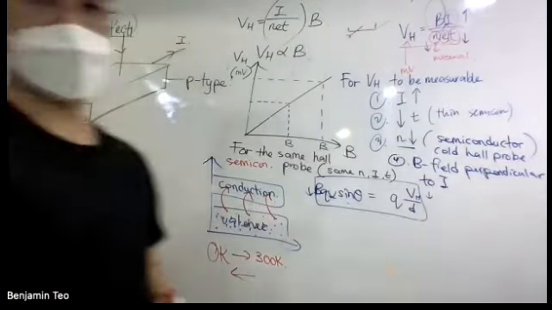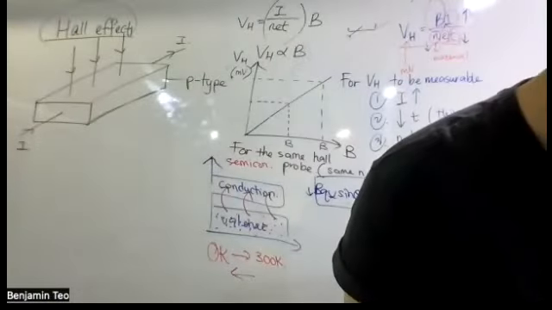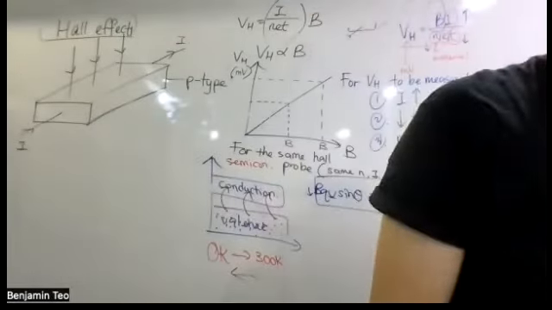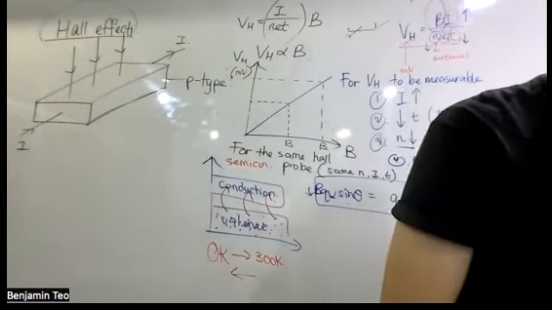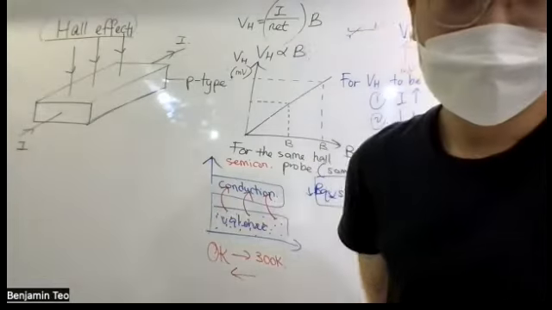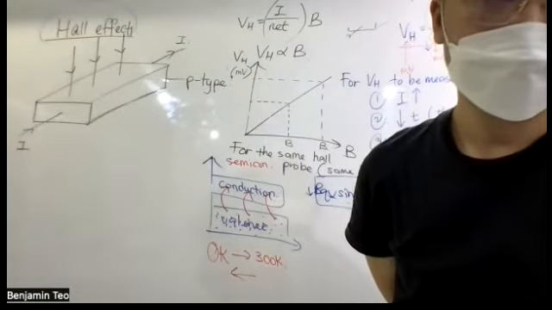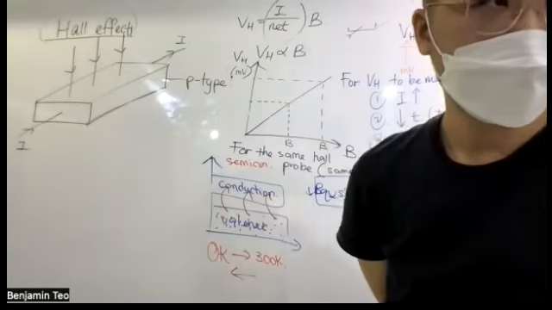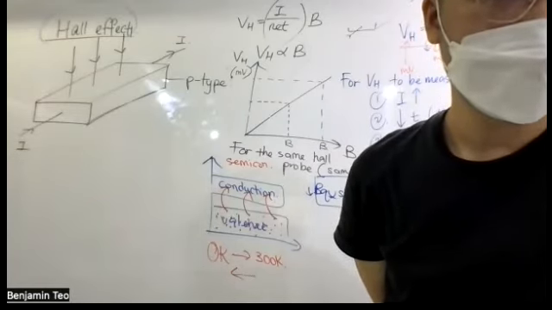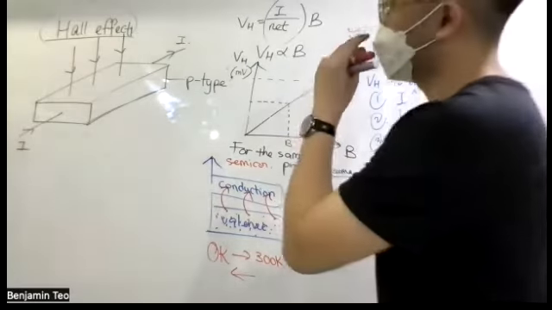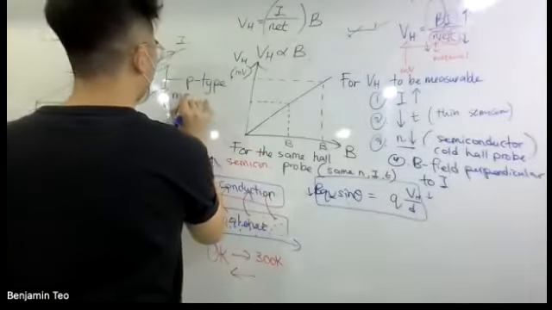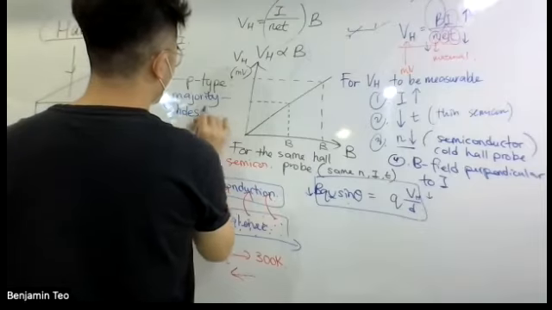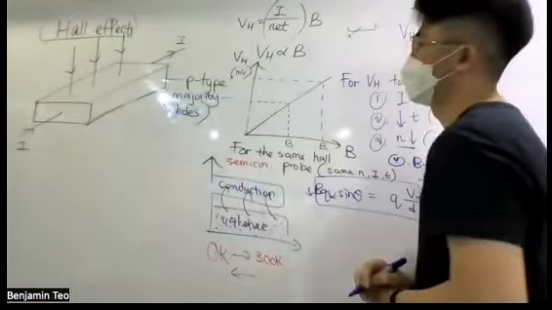Switch to P type, and how would it change the result? The majority charge is holes. Positive current.